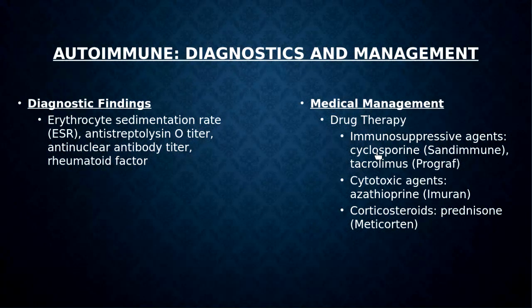So if they're taking these medications, it will weaken their immune system, so they could be at risk for developing COVID. Exactly right. That's what's going on right now. So when they talk about those people with a weakened immune system, it could be any of these people with an autoimmune disorder, and they could be taking either one or a combination of these medications, and that's going to weaken their immune system.